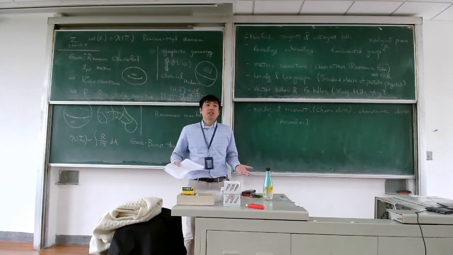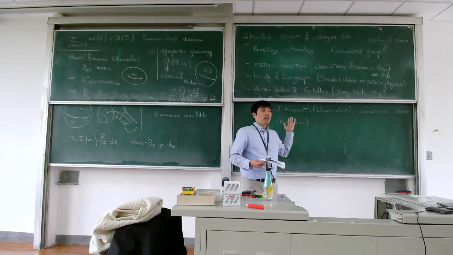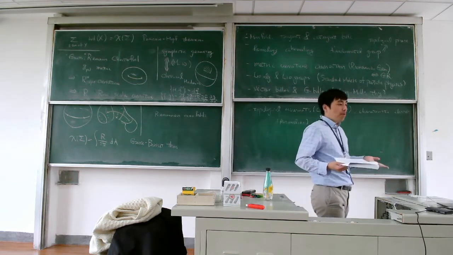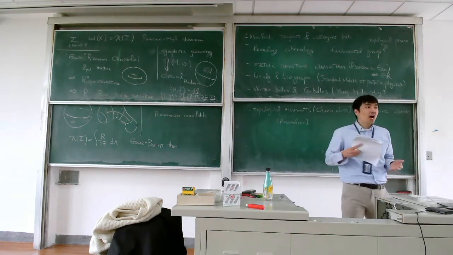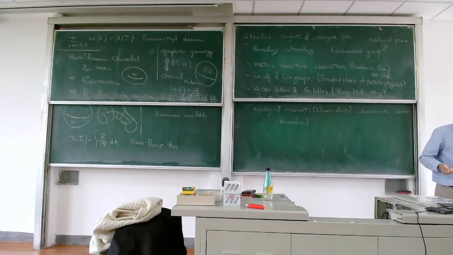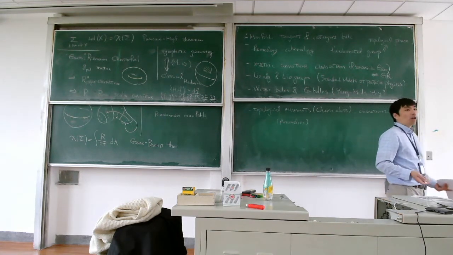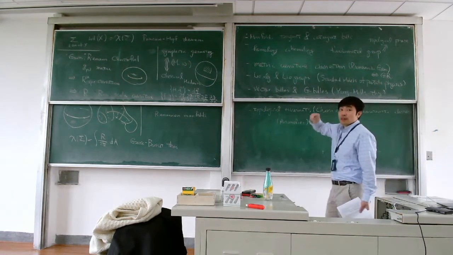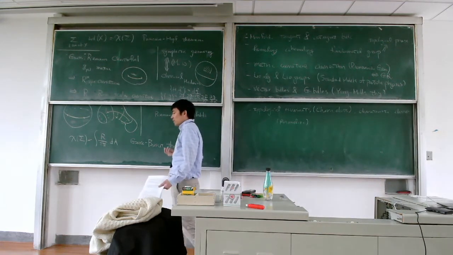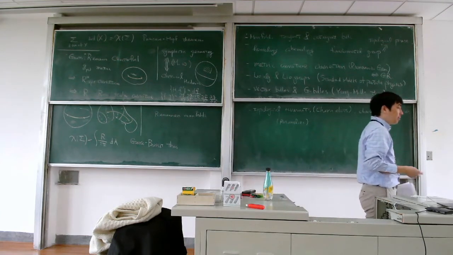So certain quantities, so-called anomalies, are topological invariants, and that is invariant under the renormalization group and so on. It's a very powerful tool to analyze what's going on in quantum field theory. That's called anomaly, and this anomaly plays a very important role both in quantum field theory or particle physics and also condensed matter physics. Nowadays, people study topological phases and so on in condensed matter physics. Understanding this topological invariance is very important.